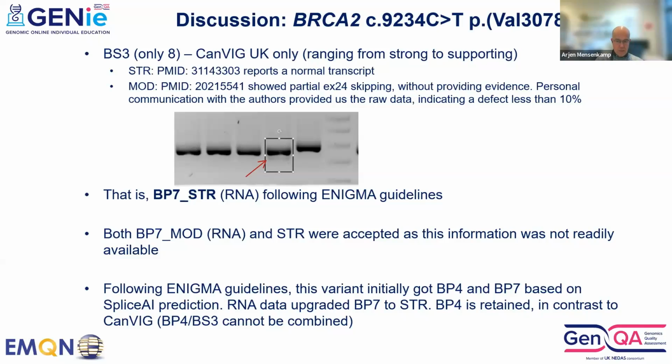BP4 is then still retained. However, if you follow the CanVIG-UK guidelines, BP4 cannot be used in combination with the functional BS3 data. So here again, there is a difference between both guidelines, which makes it, of course, very confusing.